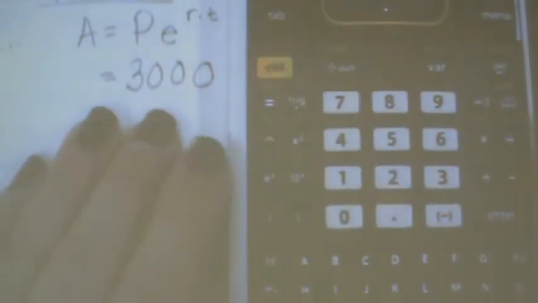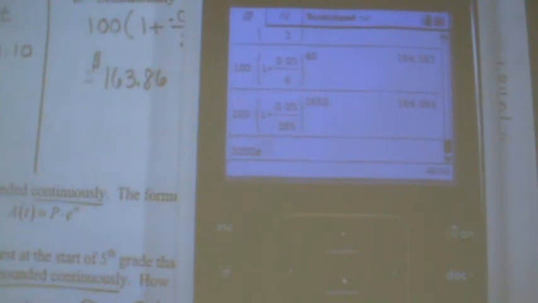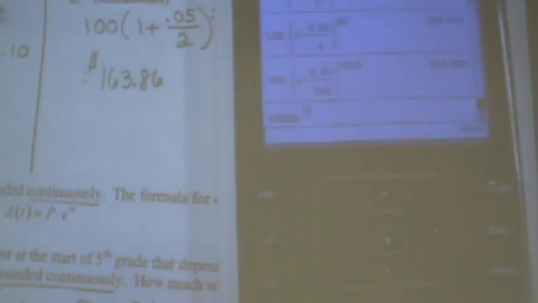So, how do you type this in your calculator? You do 3,000, now the E button is on the left, underneath the arrow, the upside down V. So just hit E, and then raise that, it prompts you to a power, and then do 0.05 times 4.